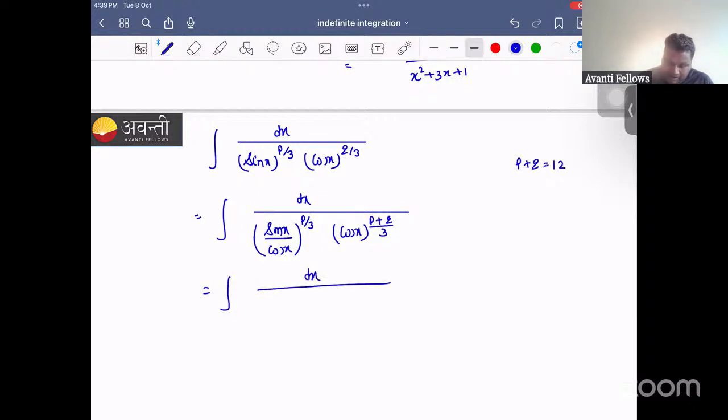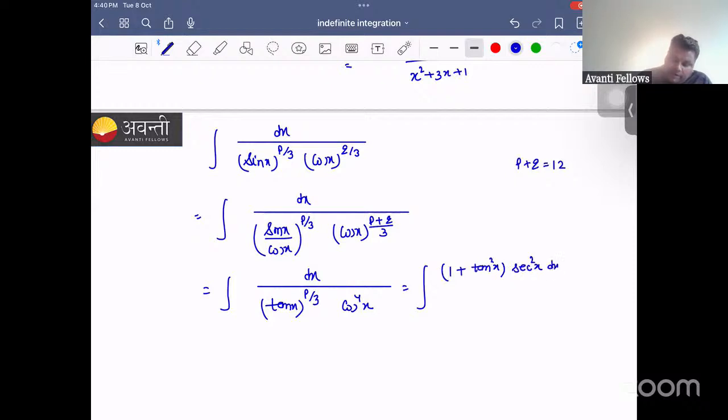So it became dx upon tan x raised to the power p by 3 into cos to the power 4 x. So this cos to the power 4, I take it in the numerator. I write it as sec to the power 4, which is 1 plus tan square x into sec square x dx upon tan x raised to the power p by 3. Correct?